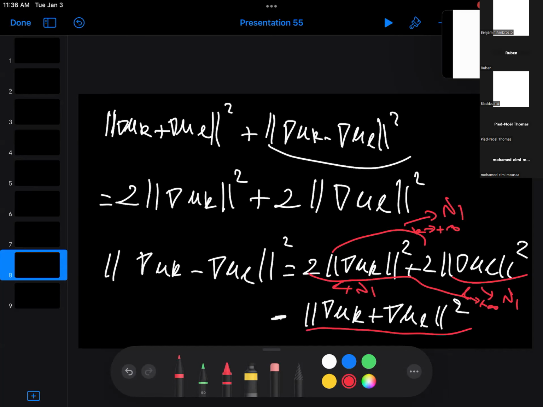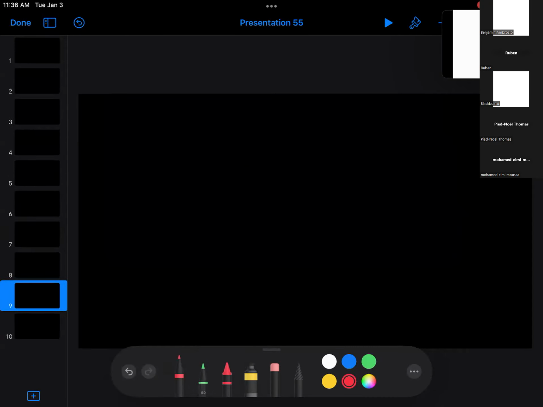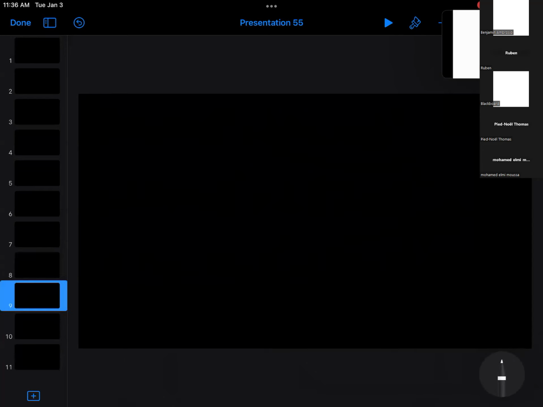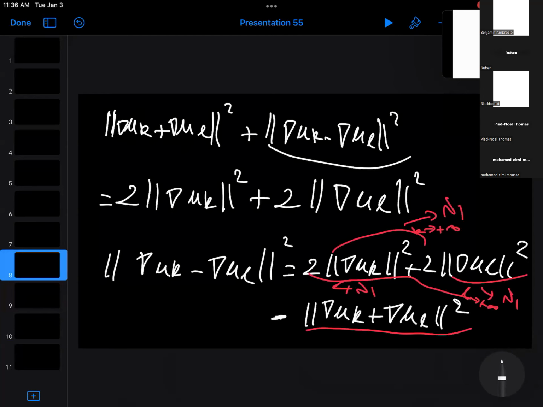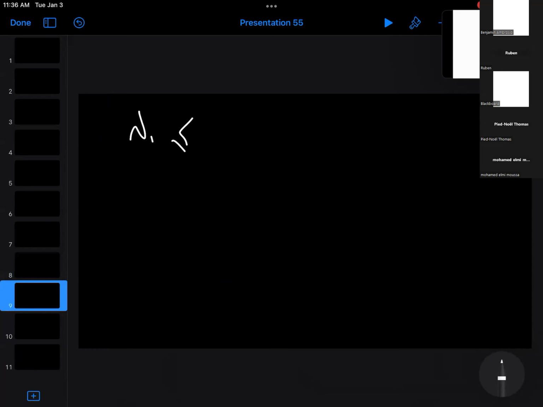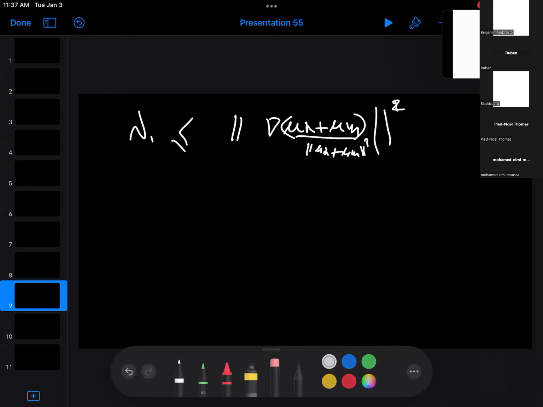What I do know is that, since lambda 1 is an infimum, I know that if I take this, here it's the norm in L2, it's inside.